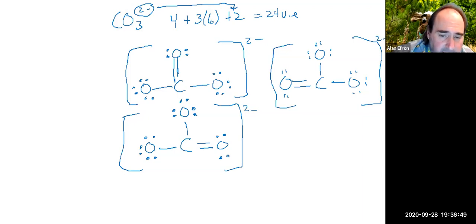And all 3 of these structures are related to each other as what are referred to as resonance structures. And that is because these double bond electrons are what are referred to as being delocalized, which essentially means that at any given point in time, those 2 electrons that we brought in to make these double bonds could find themselves at any of the oxygens.